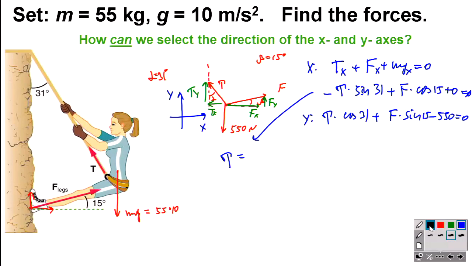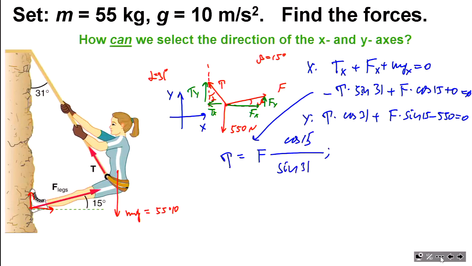Because I don't have much space, I do some work in my head, and because I do that, I might make a mistake, so you have to check what I'm doing. It should be equal to F cosine 15 over sine 31. Of course, you can take a calculator and calculate these cosine and sine, doesn't matter.